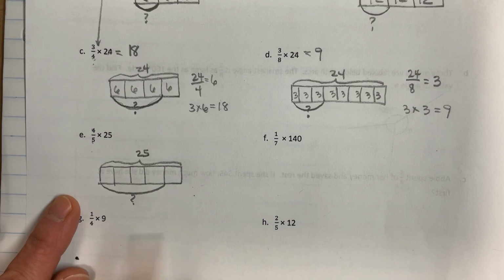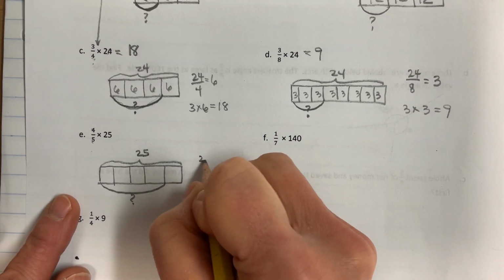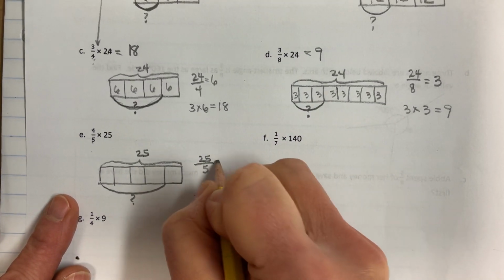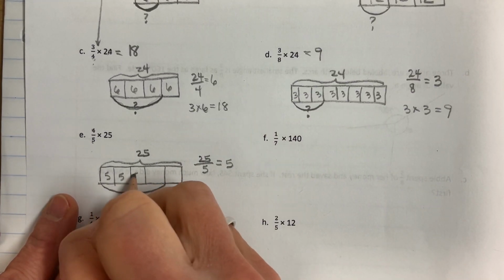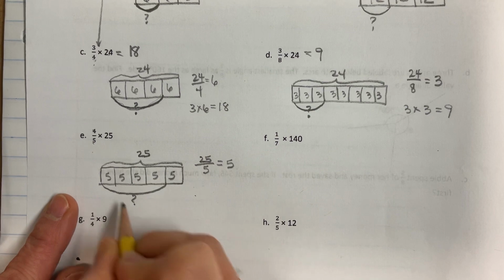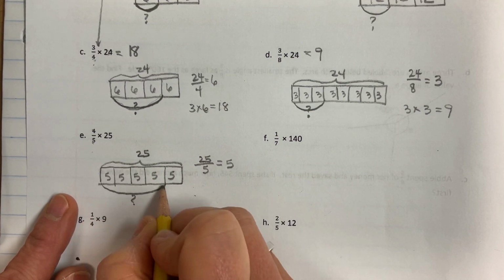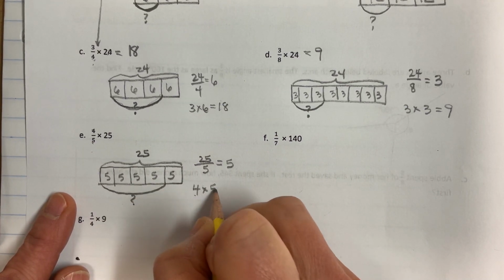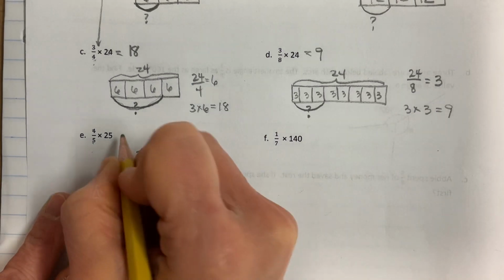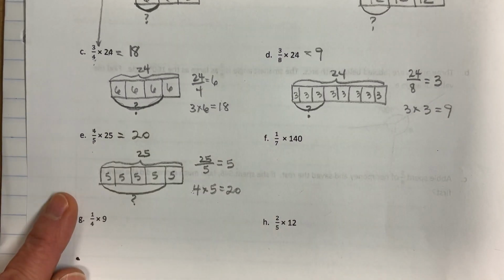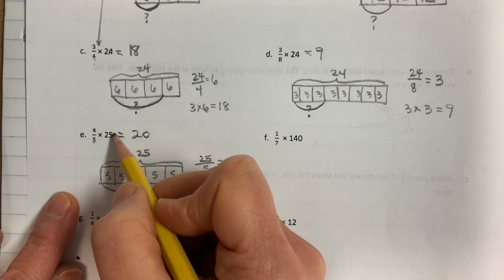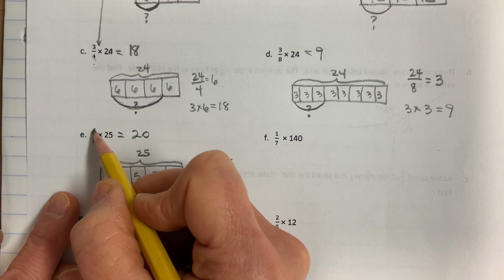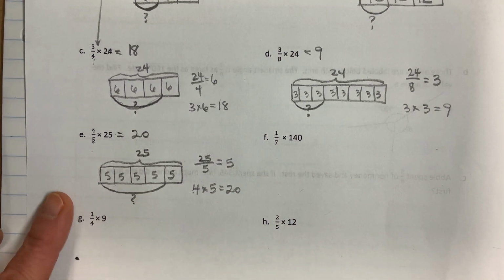Okay, again, what goes in every box? 25 divided by 5 boxes would mean a 5 in each box. And notice what I'm looking for, 4 groups. 4 times 5 is 20. My answer is 20. Again, mental math, 5 divides into 25 5 times. 5 times 4 is 20. Okay?